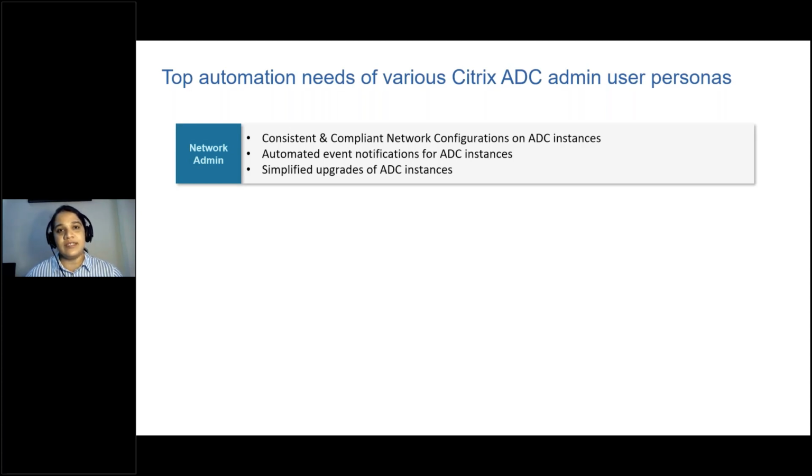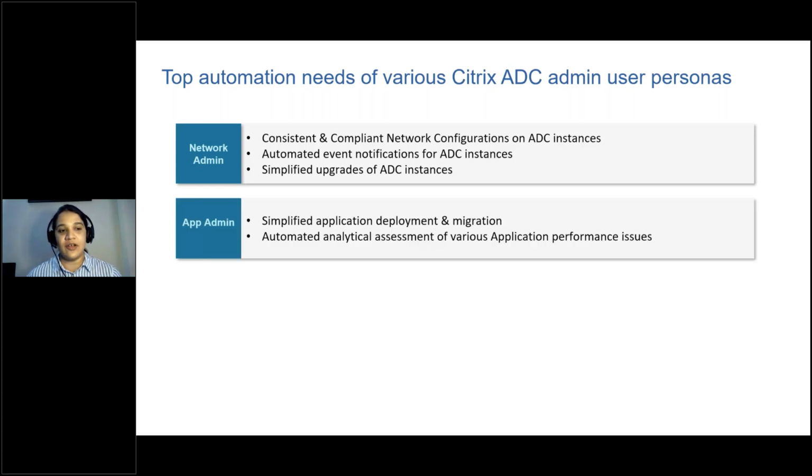Some prefer email, some prefer SMS, some like automated notifications over ServiceNow or PagerDuty or Slack. And we have all that covered in ADM, which we'll come to later. And lastly, the top ask of network admins is to upgrade ADC instances. They'll want a simplified and automated way to do that.